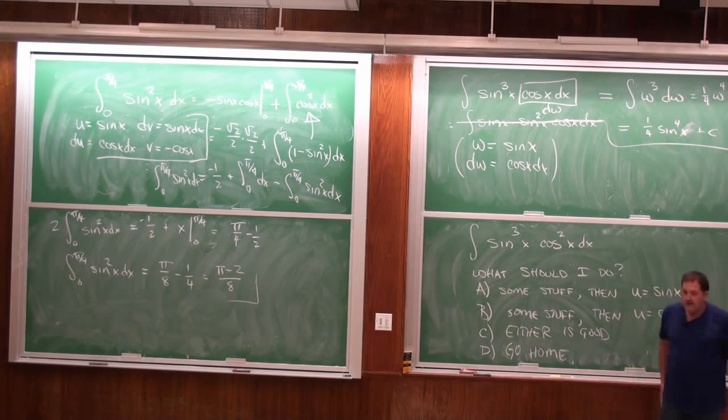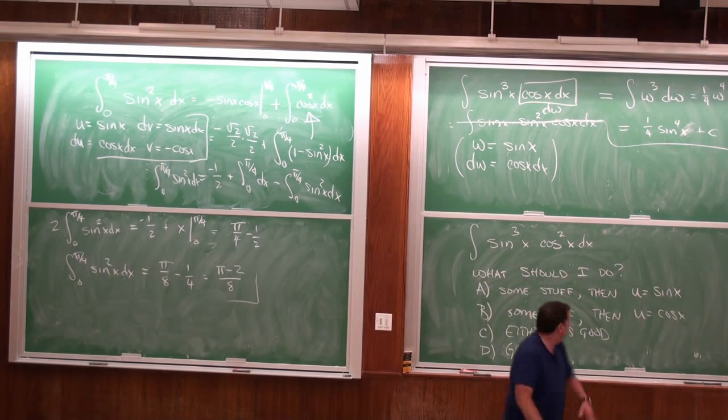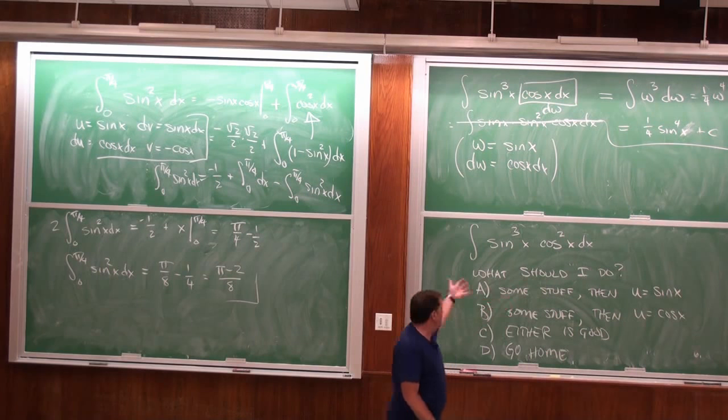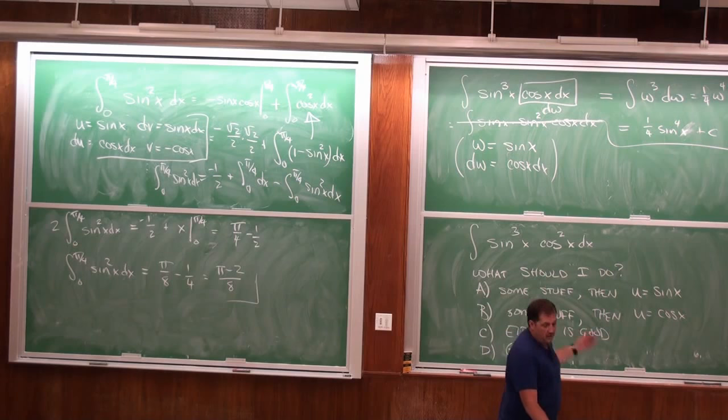Okay, so choices are: make some manipulations and then make the substitution u equals sine; make some manipulations and then make the substitution u equals cosine; you can do either one and get the answer; or no, this is a bad idea, just go away.